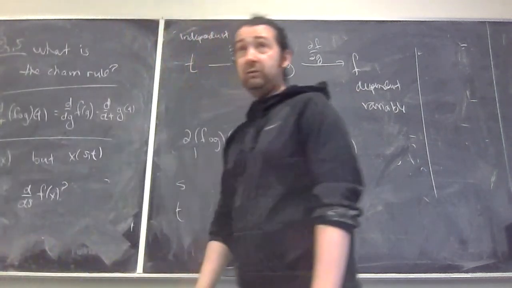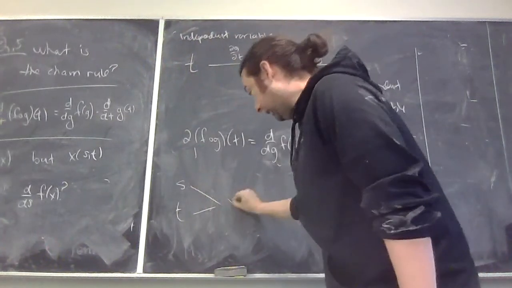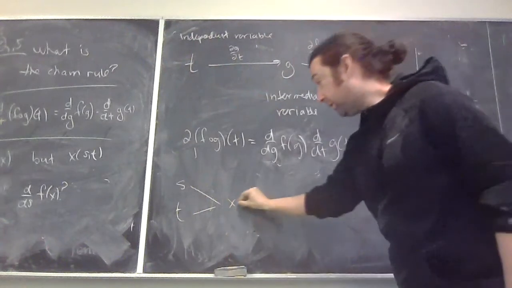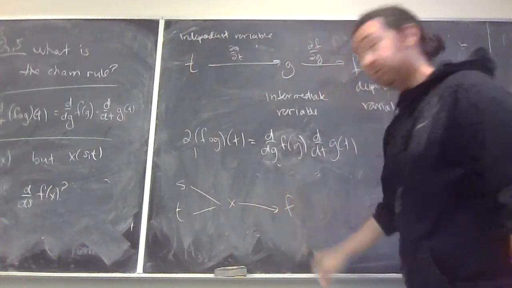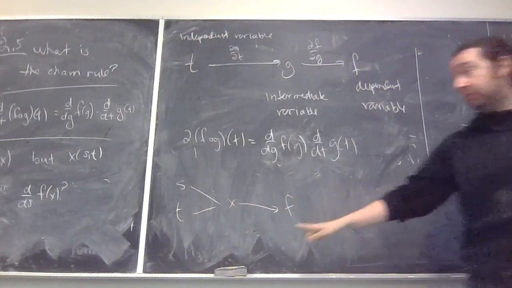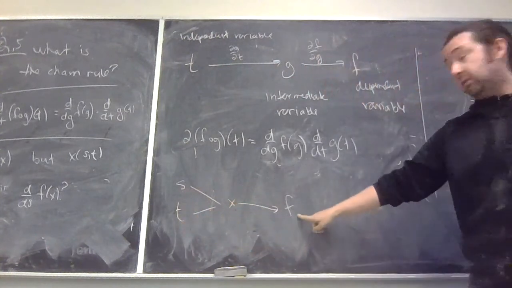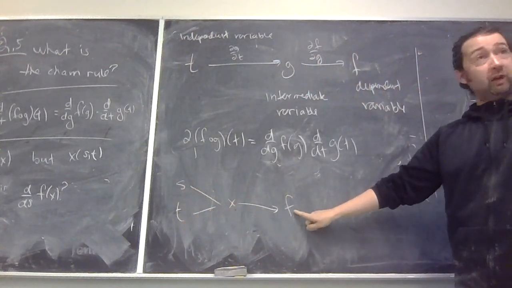Those are my independent variables, right? And they both feed into a variable x. And x is what's modifying f. Is that like a correct variable hierarchy here? There's one intermediate variable x. It's being fed by s and t. And ultimately, the dependent variable is wiggling around in this function f, right?